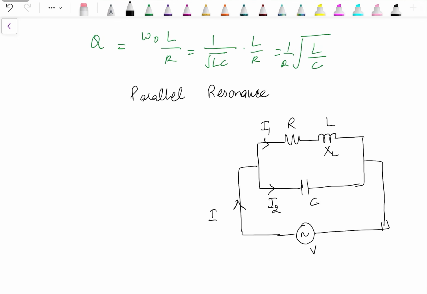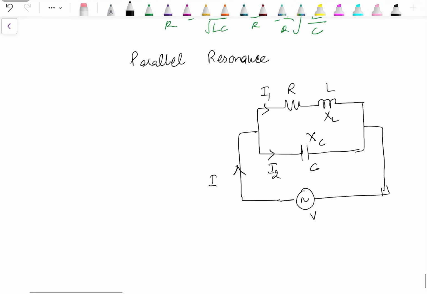XL is the inductive reactance and XC is the capacitive reactance. Now we can have different parallel circuits as well. Now if we want to find out the admittance of this parallel circuit, the main motive is that voltage and current should be in the same phase.